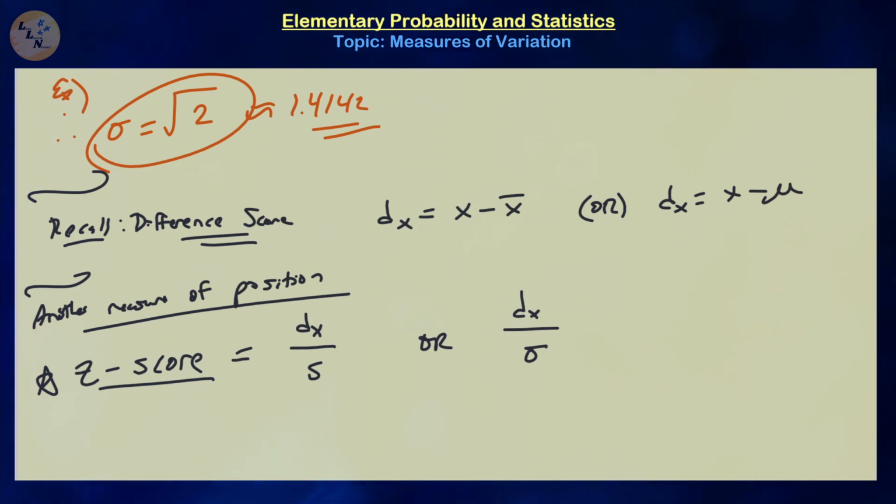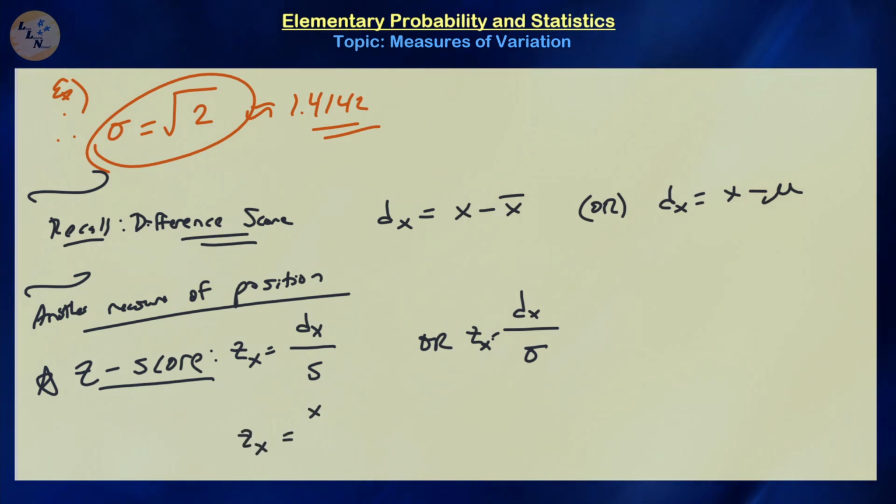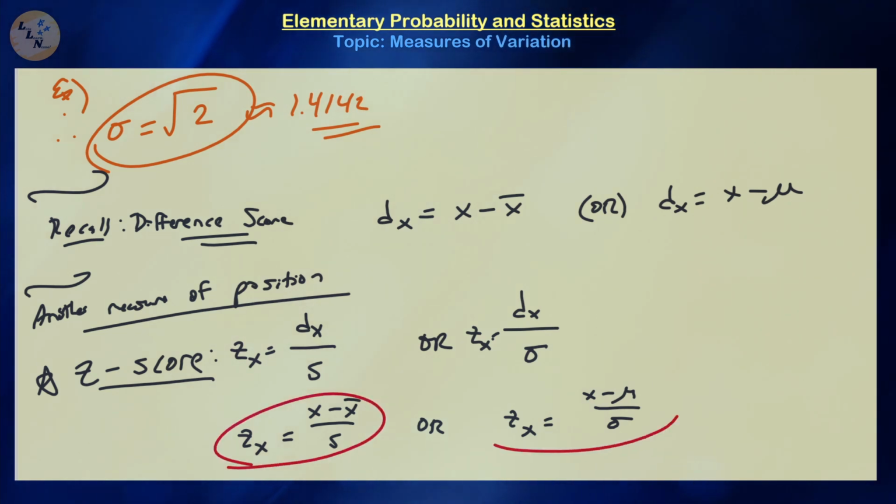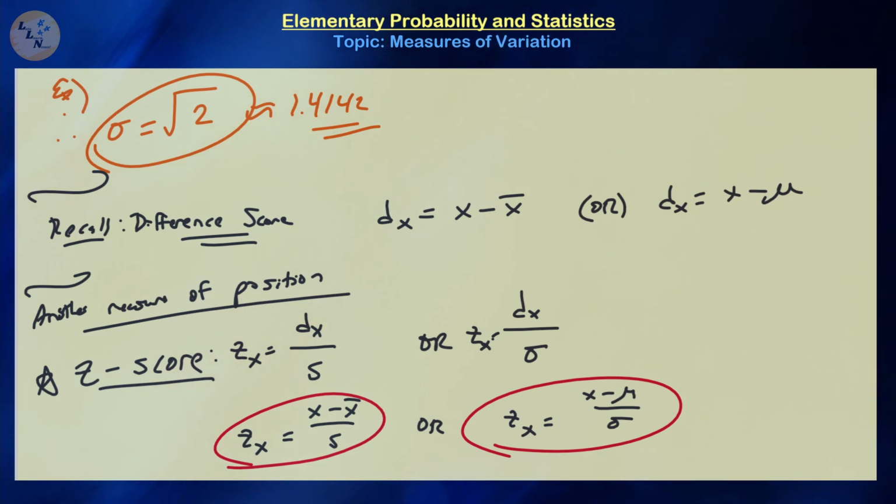And we usually abbreviate these by z sub x. So z sub x is equal to d sub x over s, or z sub x is equal to d sub x over sigma. And we can, of course, expand this. So z sub x is going to be equal to x minus x bar over s, or z sub x is going to be equal to x minus mu over sigma for a population. Right, so those are a couple other measures of position that we can add to the list.